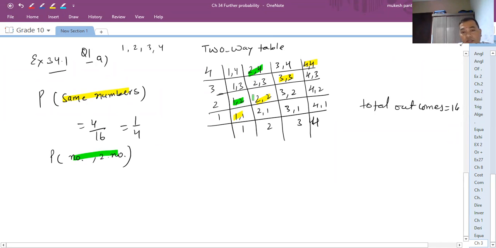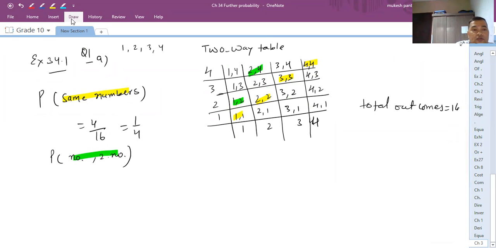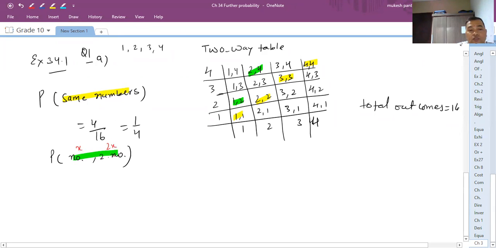Is there any other pair? I don't think so. Suppose x here, then it should be 2x here, twice of this. So we have only two such outcomes. So 2/16, that is 1/8.